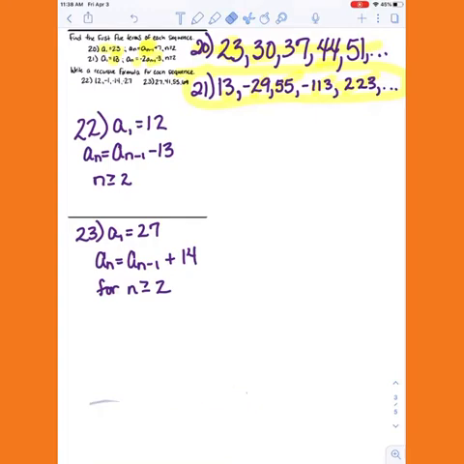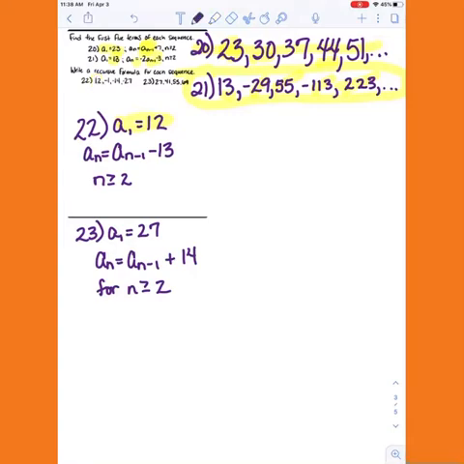Let's go back to the lesson here. Number 22 is where we are. We are going to write a recursive formula. So we know the a sub 1 is 12. It told us that. So I write that down. Then I look for a pattern. What do I do to get from the first number to the next number?